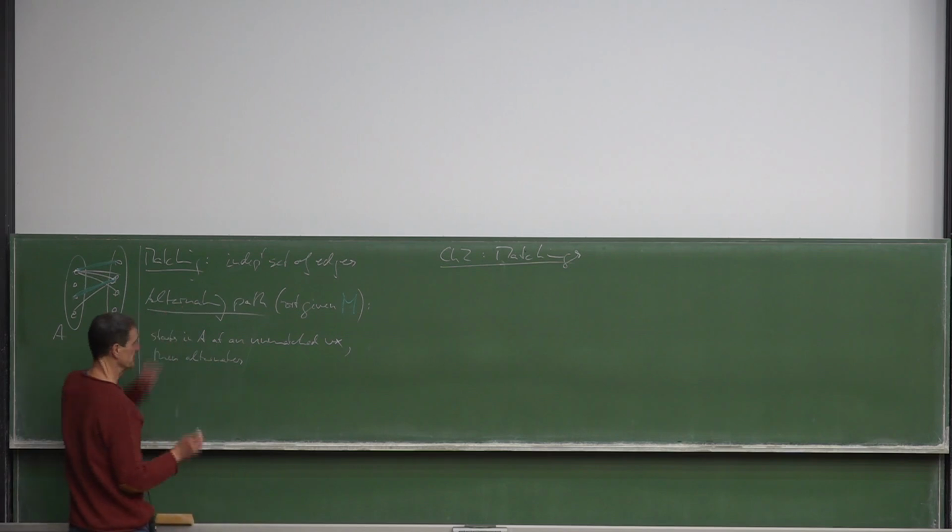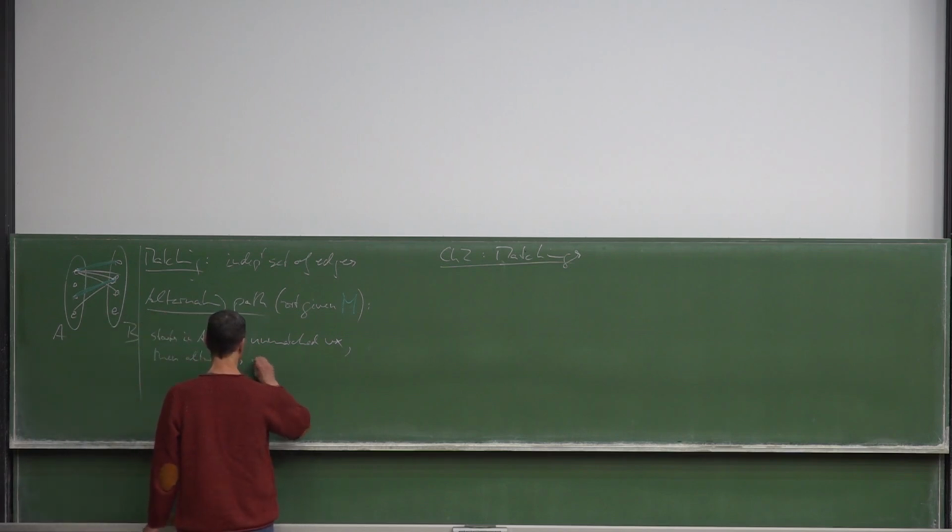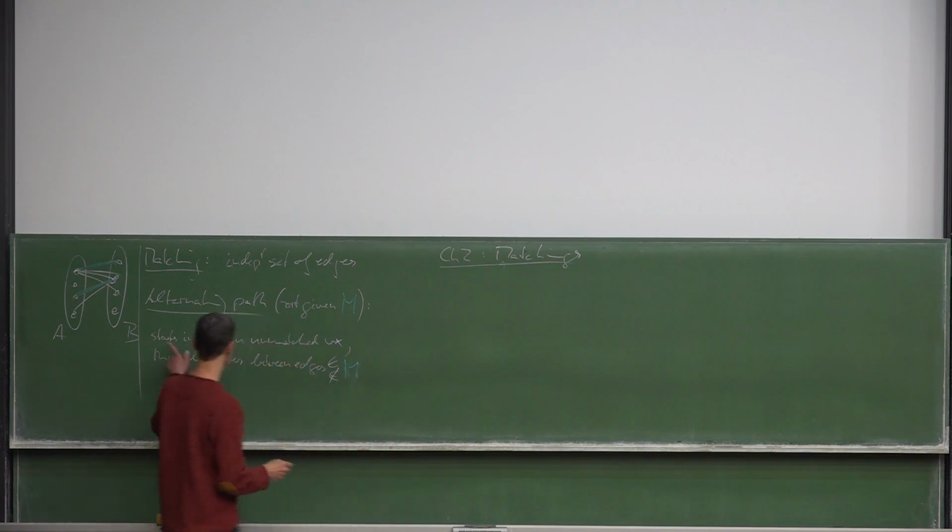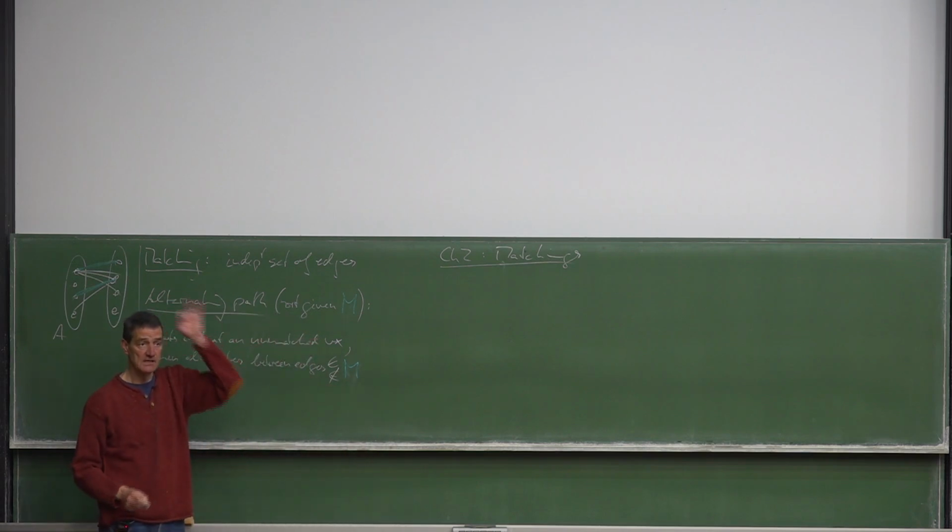It has to start in A with an unmatched vertex, and then alternates between edges in or not in M. So if it starts at an unmatched vertex, then obviously the first edge will be not in M, because there isn't one in M at that vertex. And then the next edge has to be in M.